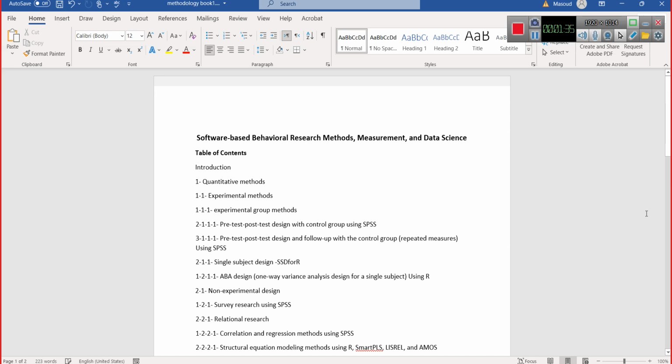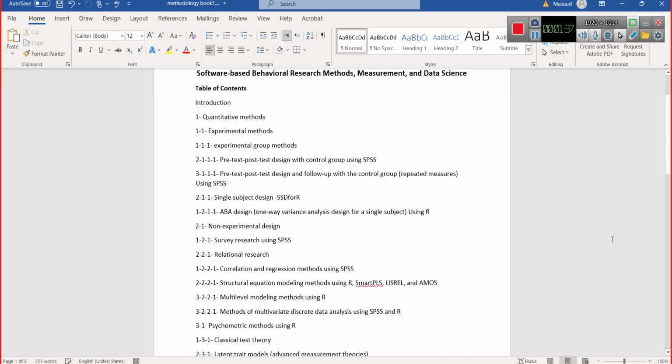So I'm going to refit this kind of design in three major domains of quantitative, qualitative, and mixed method research design. All of these methods, measurements, and data science are subjected to a branch of quantitative research methods, for example.